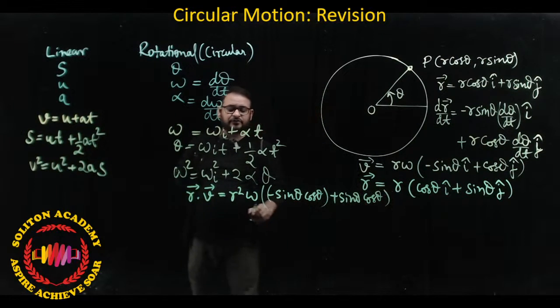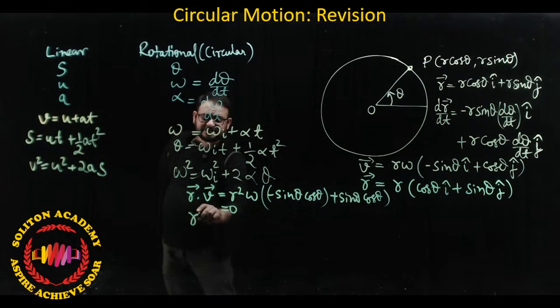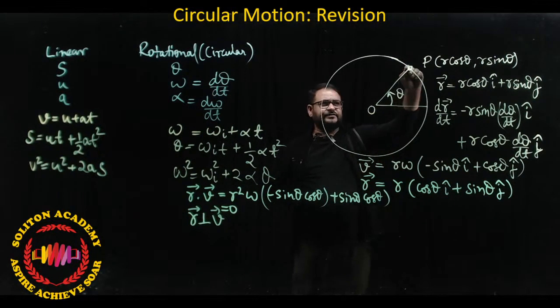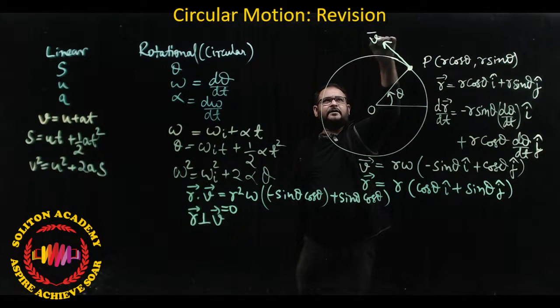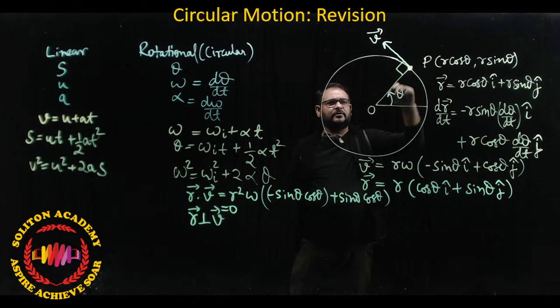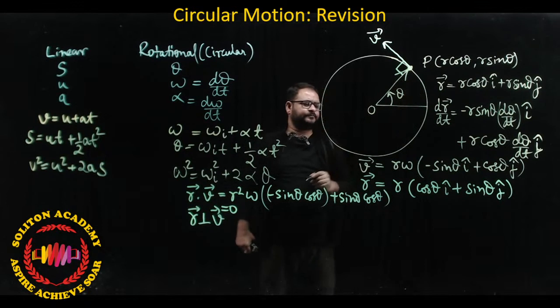Right. So you can see if the dot product is 0, that means in circular motion position vector and velocity are always perpendicular. And as you see here, the velocity is tangential, and it is perpendicular to the position vector.